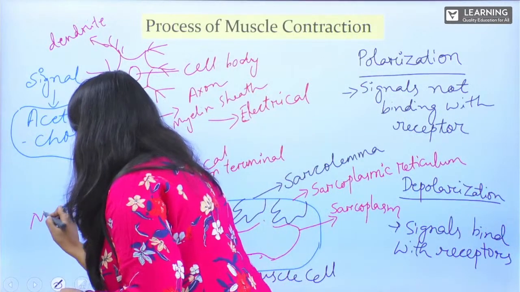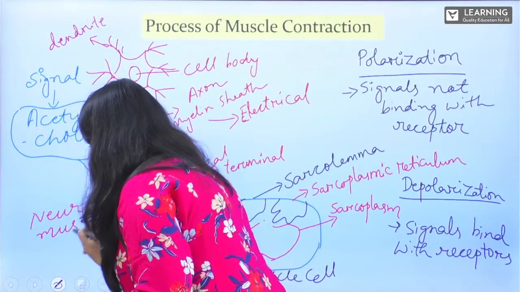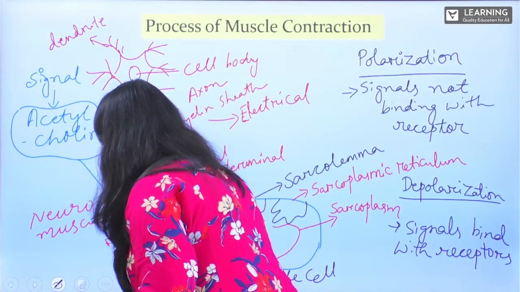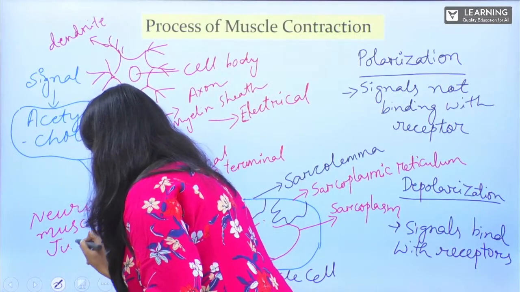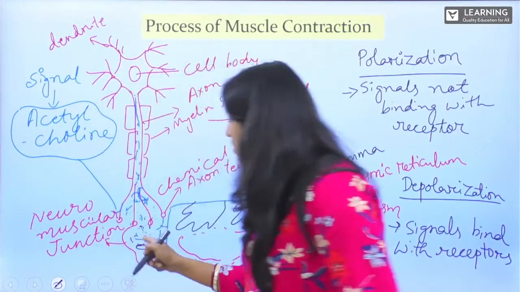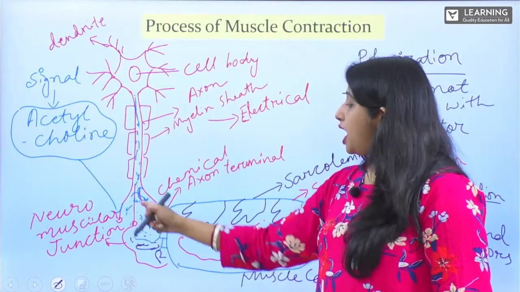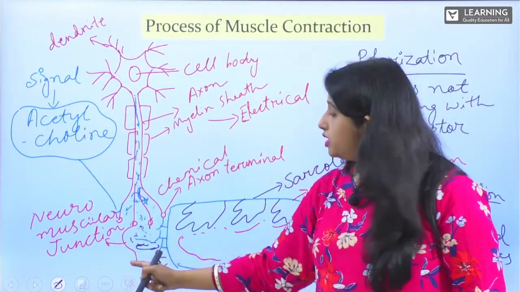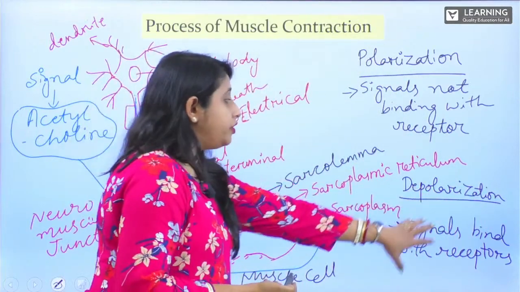So this area between the receptor and the signal is known as the neuromuscular junction. Clear? So what happens when depolarization takes place?